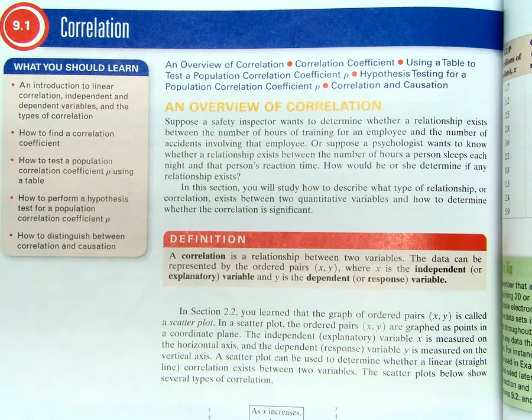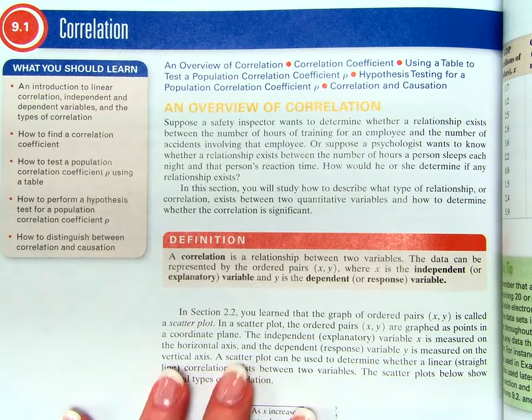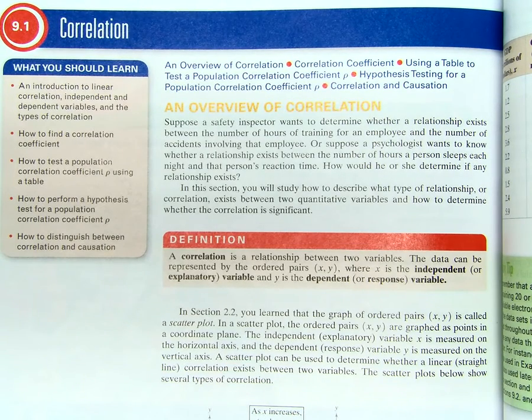Or suppose a psychologist wants to know whether a relationship exists between the number of hours a person sleeps each night and that person's reaction time. How would he or she determine if any relationship exists? Well, in section 9.1, we're going to study how to describe what type of relationship or correlation exists between two quantitative variables and how to determine whether the correlation is significant.